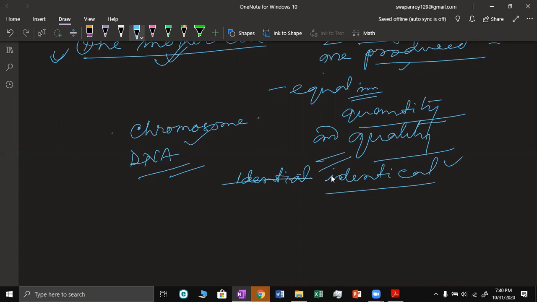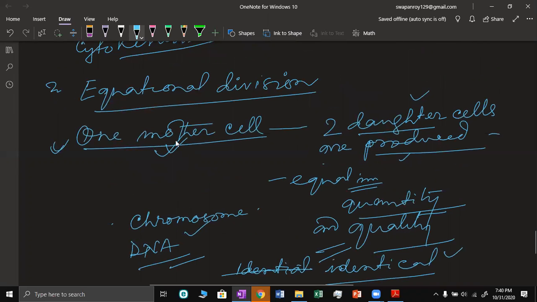Okay, and that is why it is known as equational division.